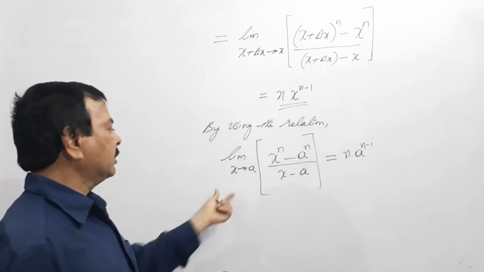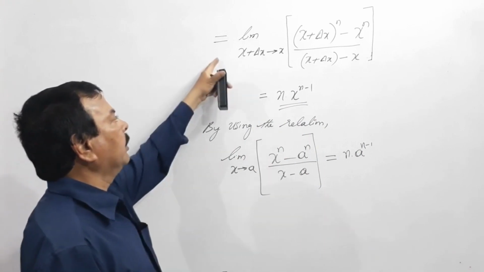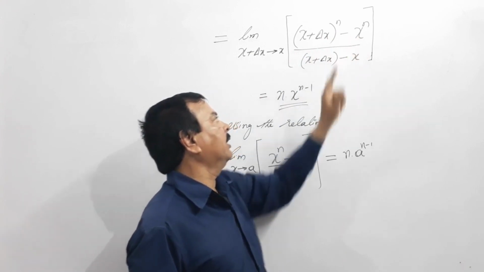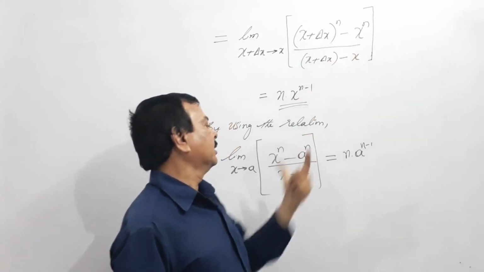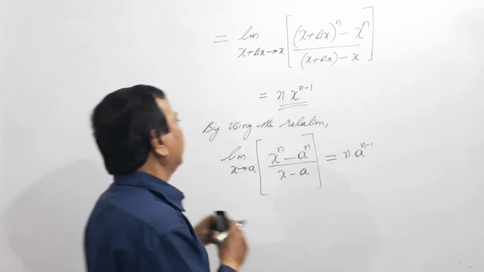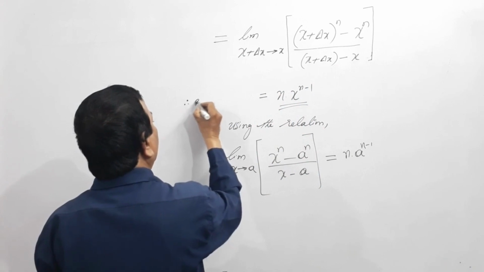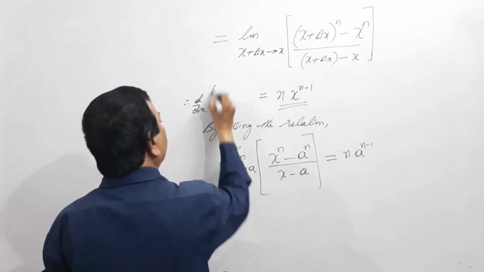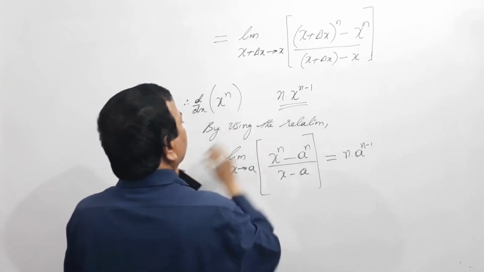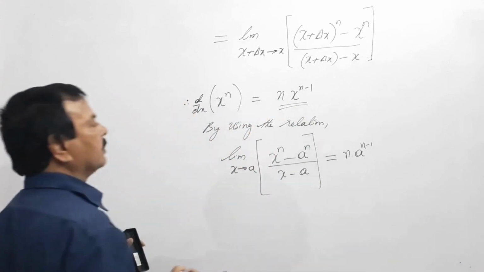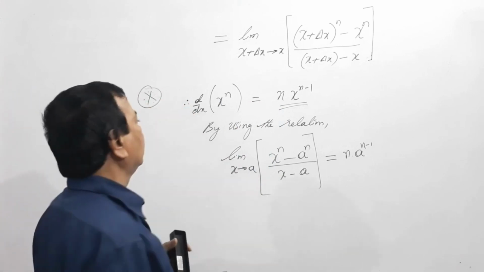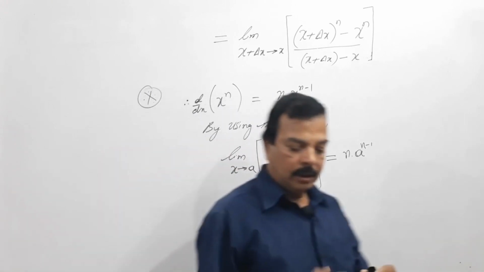So, using this relation, I have proved x plus delta x to the power of n minus x to the power of n by x plus delta x minus x. It is quite similar to this. So, using this relation, I have proved, therefore, d by dx of x to the power of n equals to this. So, this is an important formula which you are going to remember.